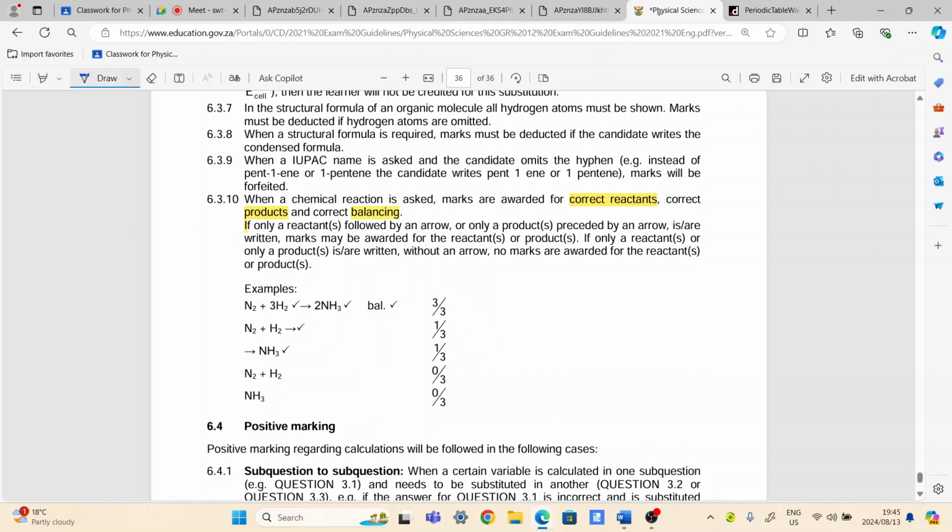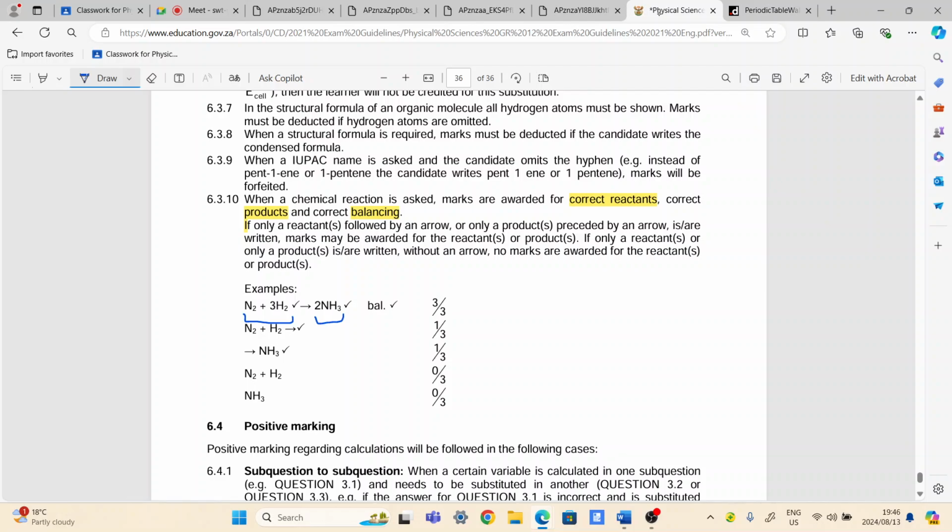So basically you get marks for the one here, you get another mark for that, and then if it's balanced, it's basically saying there's 2 nitrogens on either side, and then 3 times 2, 6 hydrogens on either side as well. So that's just to make sure that it's balanced. Sometimes they'll give you an equation and ask you to balance it, or they'll tell you to figure out what the actual equation is and make sure it's balanced.